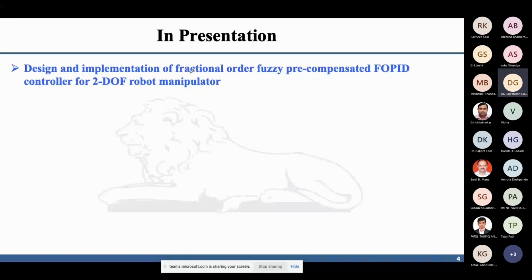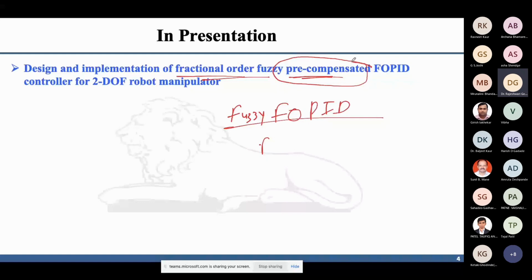Till now, we have the PID controller, FOPID controller, fuzzy FOPID controller. What we have done is integrated this pre-compensation and applied it to a 2D, very simple robot manipulator, right? After that, I went for the 5D as well, likewise, right?